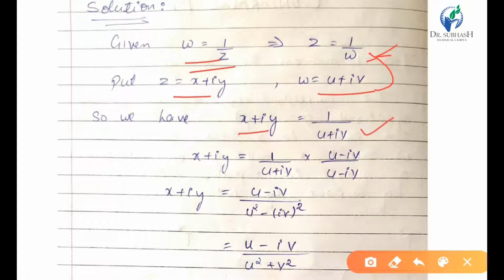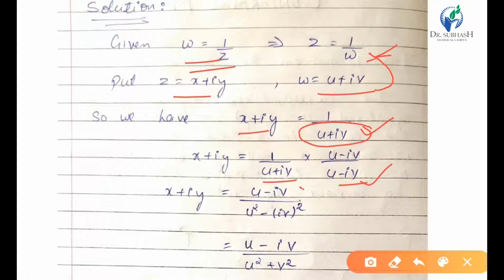Now obviously we know that by the basic rule of complex numbers, to remove i here, we have to take the complex conjugate. So we will multiply and divide by u minus iv, which we have done here. See, in the denominator part, we can see the formula (a plus b) into (a minus b) is a square minus b square.